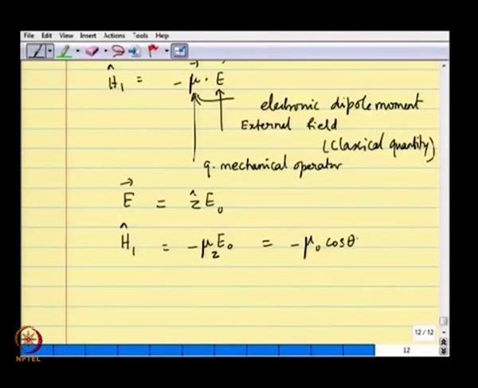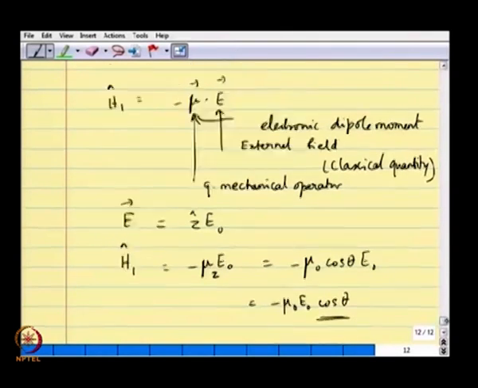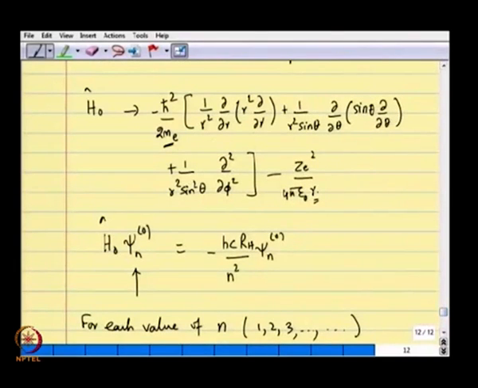Please remember the z coordinate in the spherical polar system is the radius, whatever is the magnitude, multiplied by cos theta, and therefore you have this expression, namely minus mu naught E naught, the strength of the electric field, times cos theta, where this theta is the same as the theta that we have written down here.